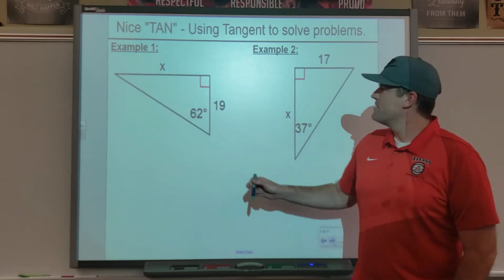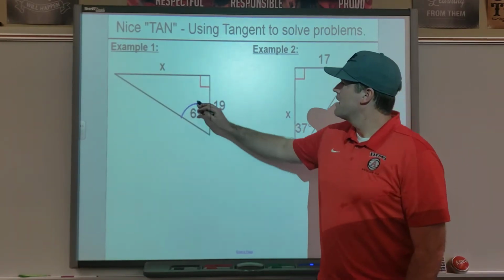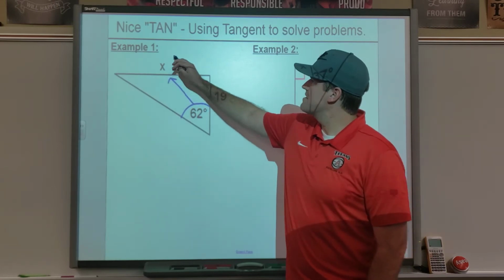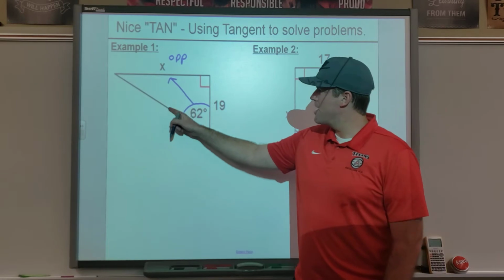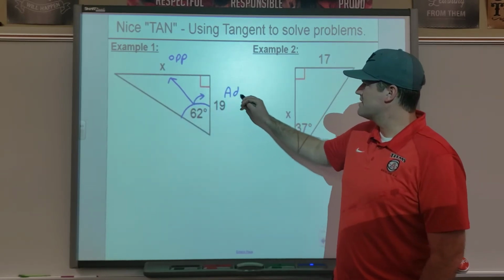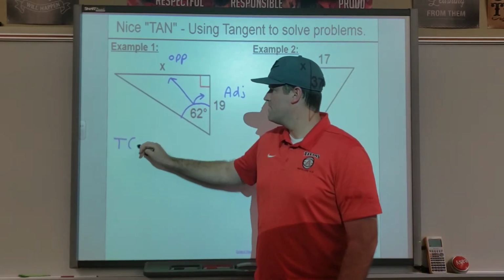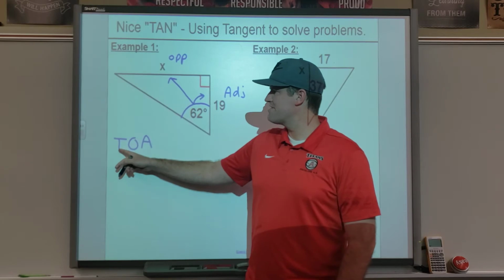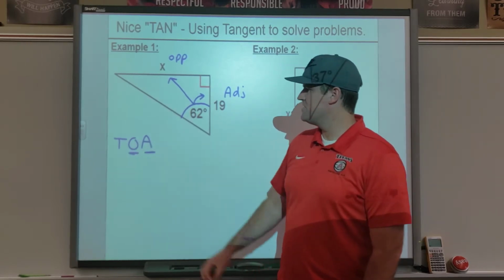So in this problem, I'm going to start with my theta, my reference angle of 62 degrees. I know that x is the opposite side. And then because the hypotenuse is over here, I know that 19 is the adjacent. And so when we go back to the idea of SOHCAHTOA, we know that we use tangent every time we have the opposite and the adjacent.